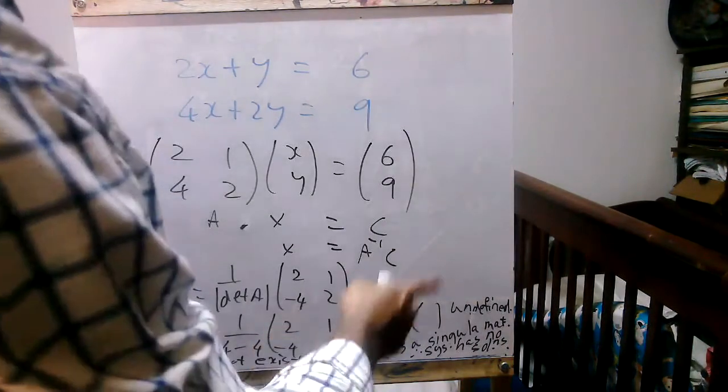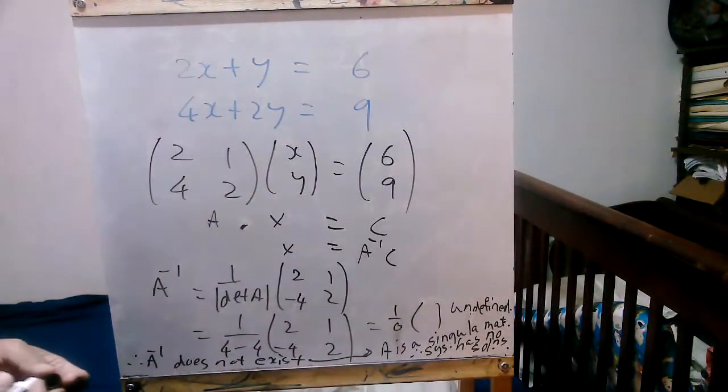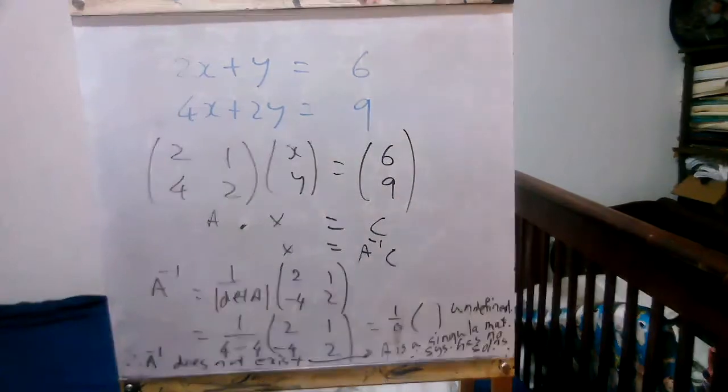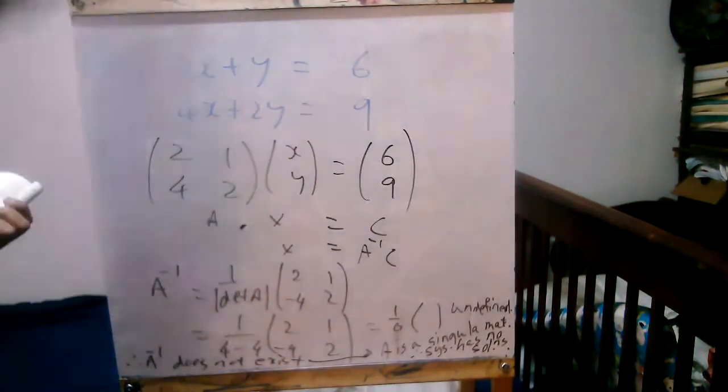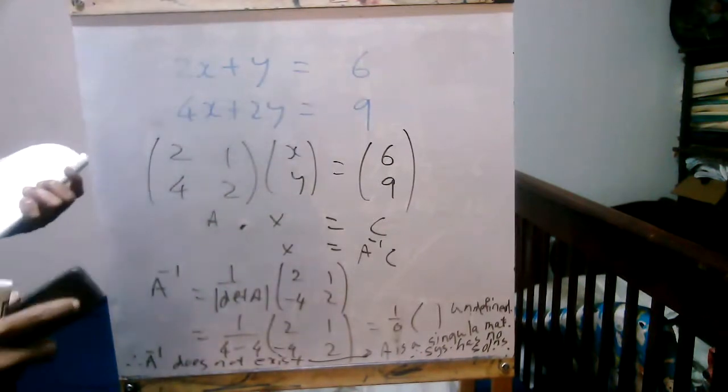That means A is a singular matrix. Therefore the given system has no solutions, right? That's our answer to this system, right?